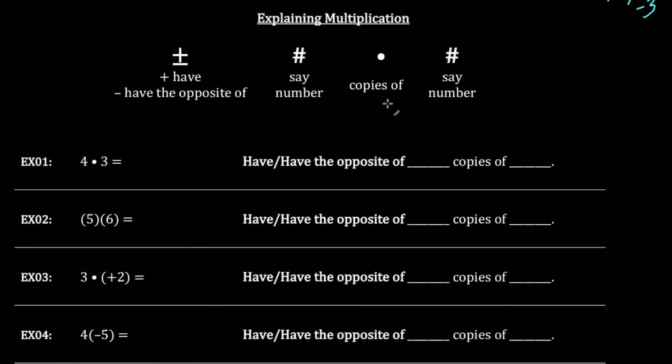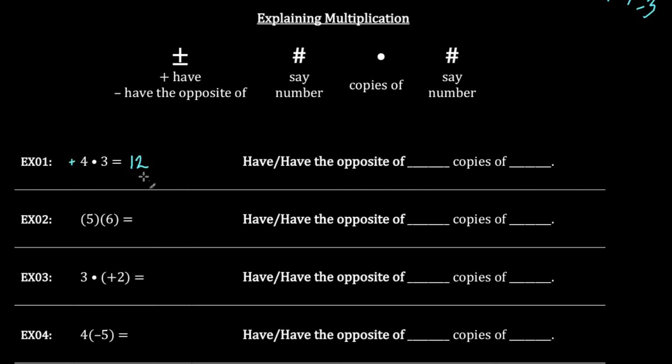Before we get into it, I want to start off with something that you already are somewhat comfortable with. So 4 times 3. We know that this is 12. Positive 12, really. So let's start from there. So we'll look at the sign. You see how this 4 was a positive.